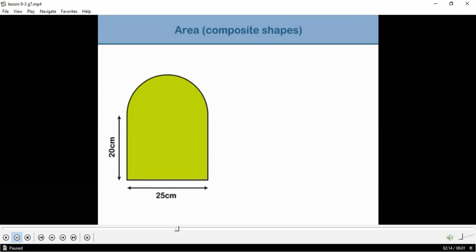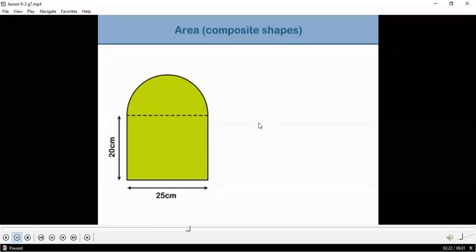I see that it is a square from the bottom and a semicircle from the top. This part is 25 and this part is 20. So this is a rectangle, not a square. Yes. So we can draw a line to separate this figure like this.